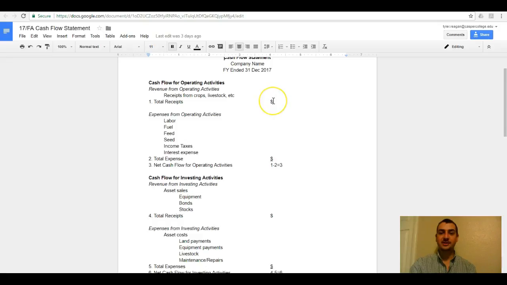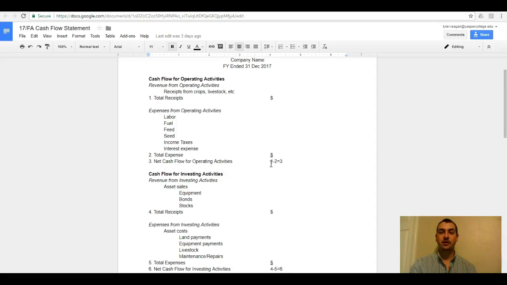So it's receipts from operating activities minus expenses from operating activities to find the net cash flow from operating activities. This will let you know whether or not you made or lost money on the normal operations of this particular firm.